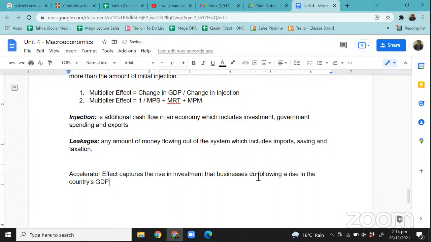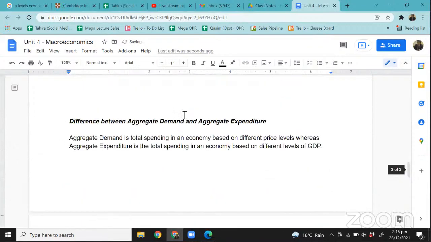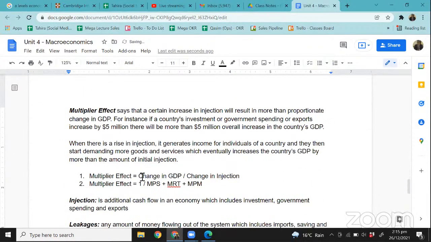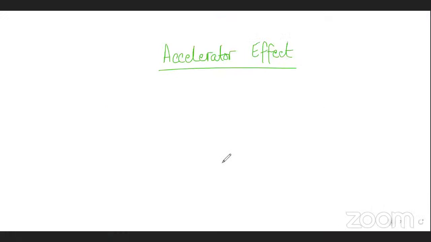What I'm saying over here is that it goes both ways. In the multiplier effect, you have to listen to this carefully, we saw how the GDP would change due to a change in injection or investment.